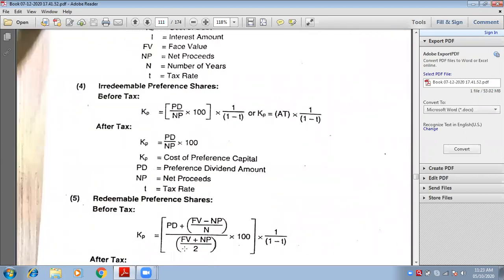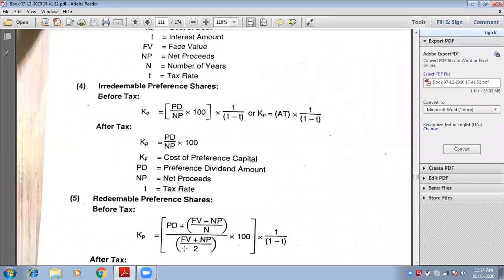Now preference shares. Remember, tax is paid first to the government from the profits, and then the leftover profit is distributed to preference shareholders and equity shareholders in the name of dividend. That means the profit that is earned is first distributed to the debenture holders and bondholders in the name of interest.